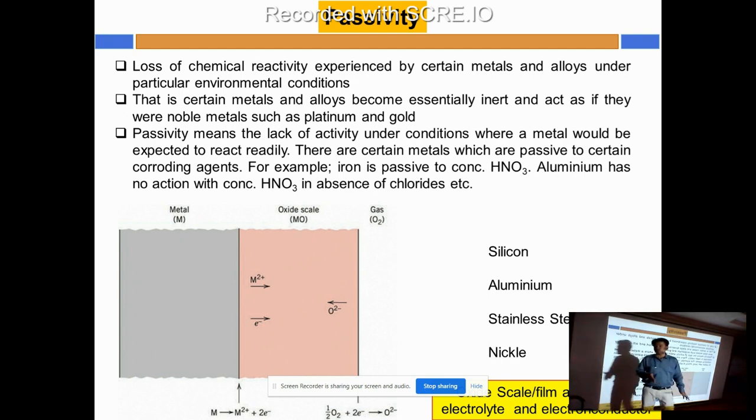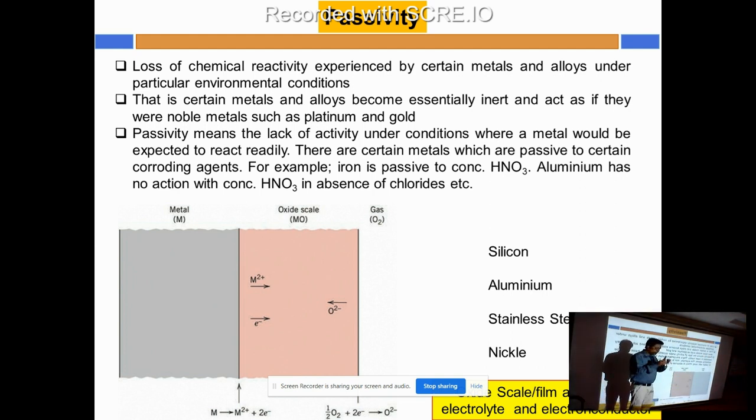Yesterday we discussed in the concepts: when a metal is dipped in the solution, at the interface there will be ionic charges. So if the surface is negative, positive ions will come into the picture. The ions will try to go into the solution and electrons will try to be on the surface.